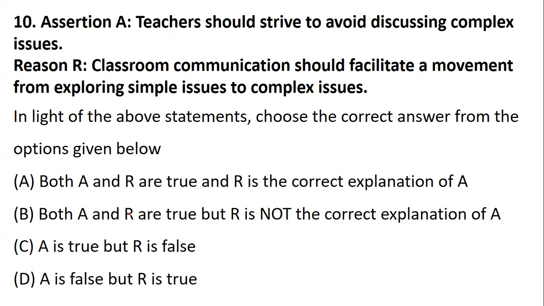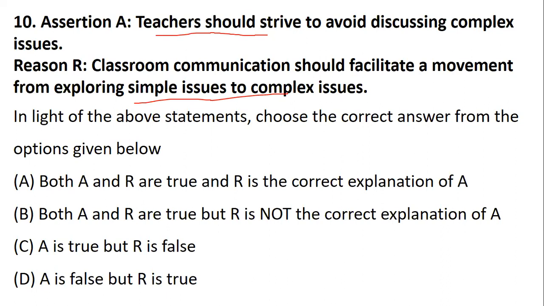Now, question number 10, assertion and reason. Teachers should strive to avoid discussing complex issues in the classroom. Classroom communication should facilitate a movement from exploring simple to complex issues. So is it necessary for the teacher to make sure complex issues are not discussed in the classroom? Or should it be explored from simple to complex?